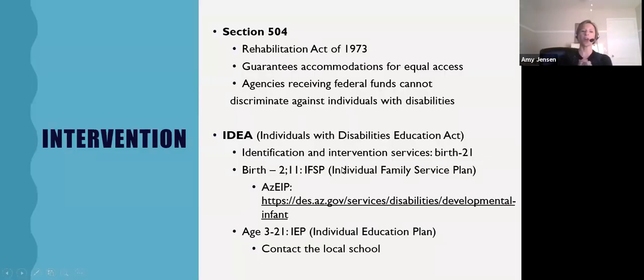Okay, last of all, just real quick mention, because you're going to see this later on, 2 different acts that apply to intervention with children. Section 504, which prohibits discrimination against individuals with disabilities and agencies that are receiving federal funds, so schools.